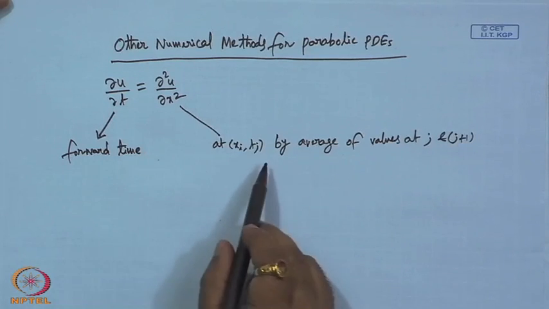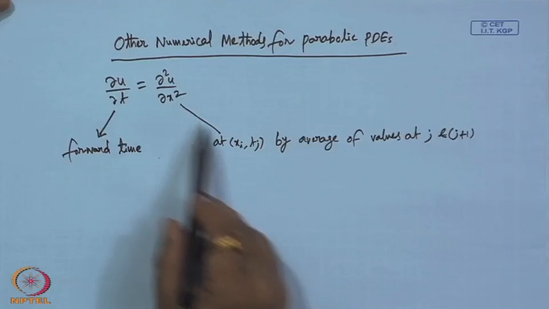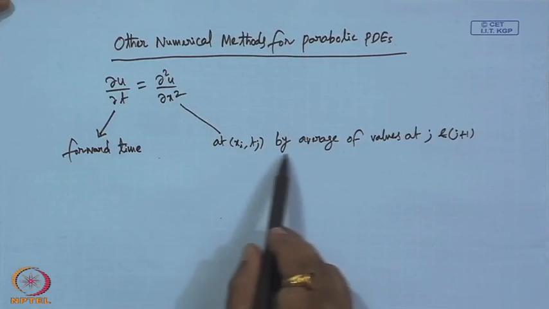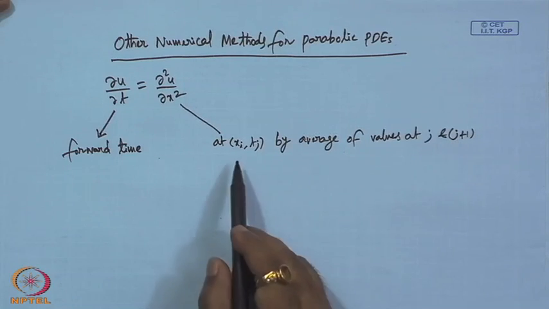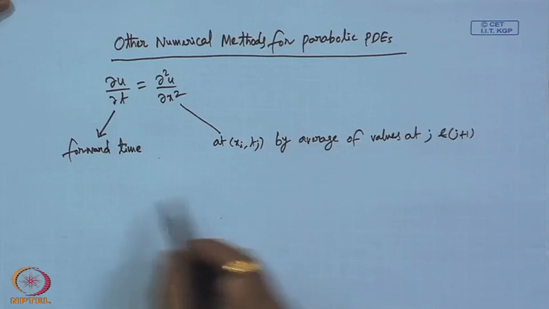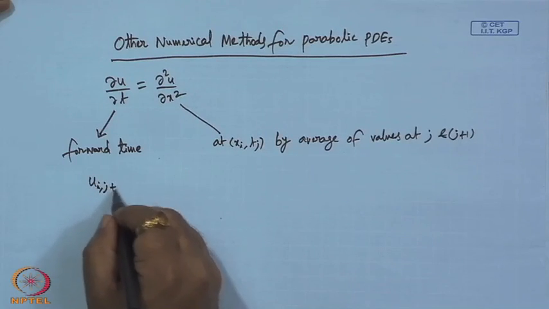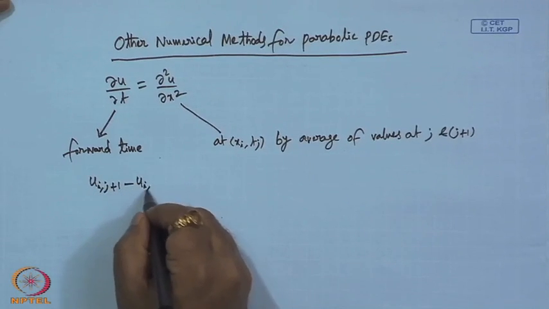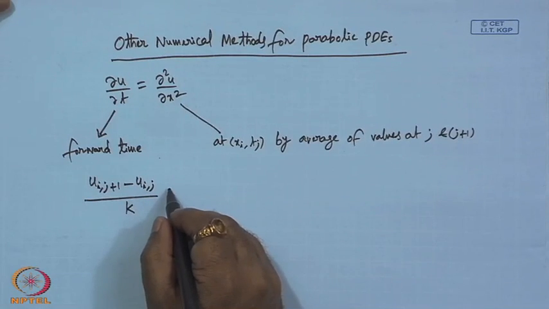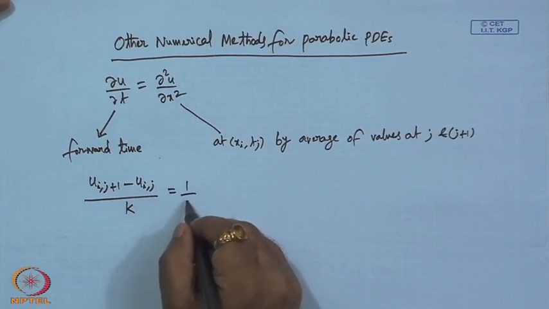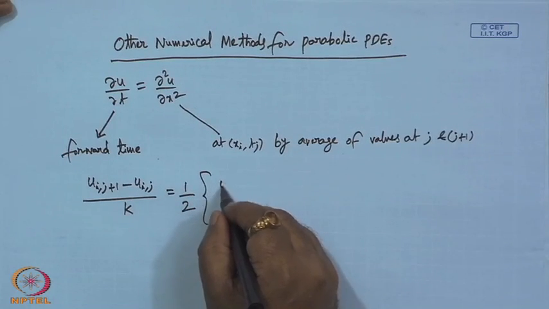So, this is a slight deviation. What we are doing? This we are going for forward, but whereas this at this point is approximated by average of values at jth level and j plus 1 level. So, accordingly we have this. So, now I am going for the average of.